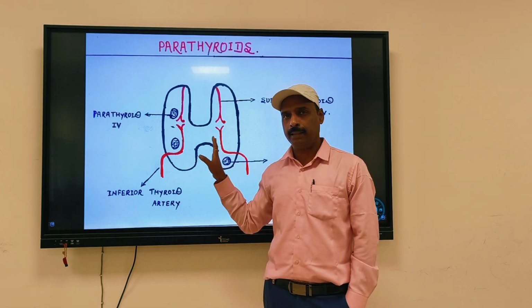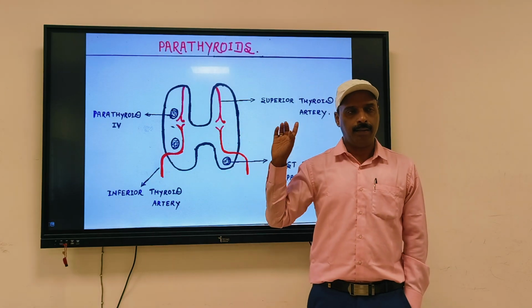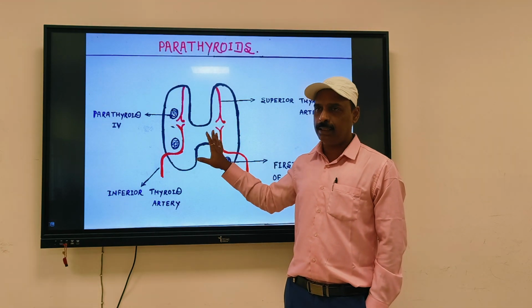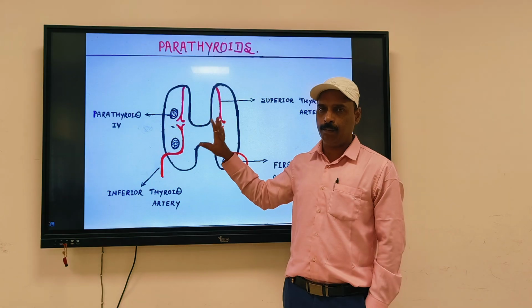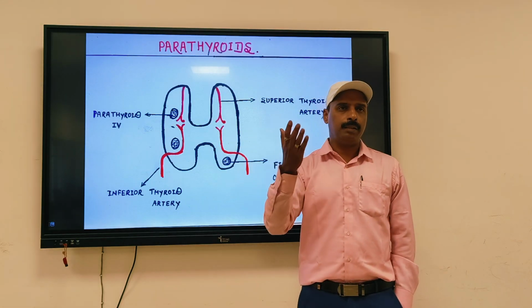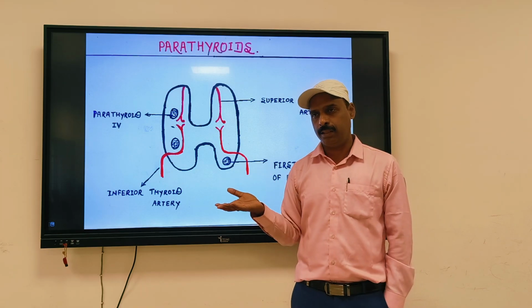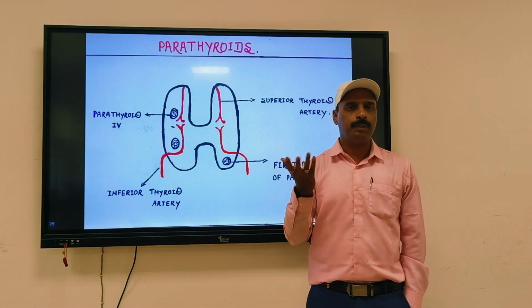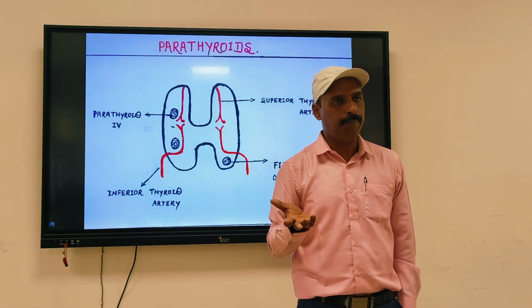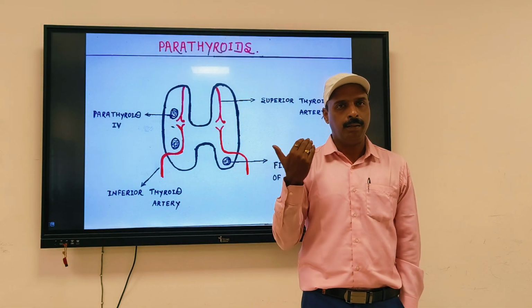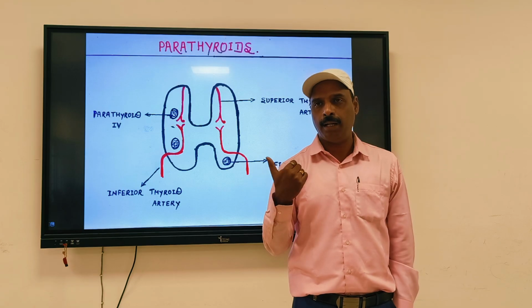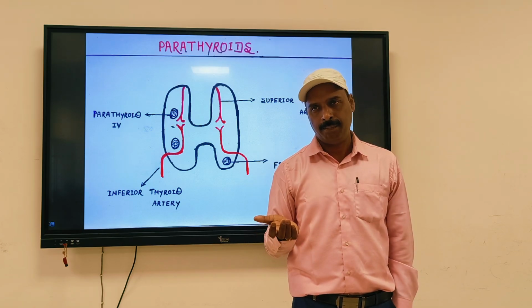When you sit in practice in your clinic, you have to understand the mechanism and the hormones, and how to check when a patient is brought with all the investigations done. Then my hormones are increased or decreased. Am I suffering from hyperthyroidism, hypothyroidism, hyperparathyroidism or hypoparathyroidism?